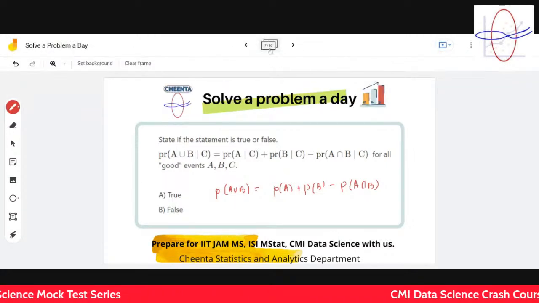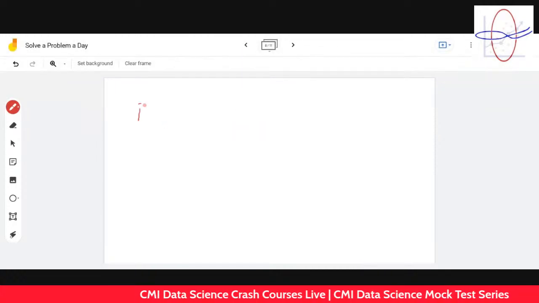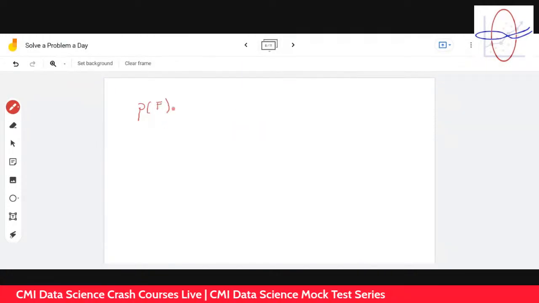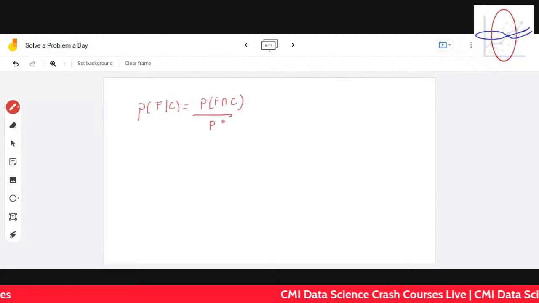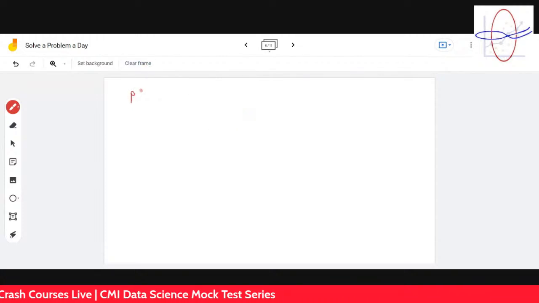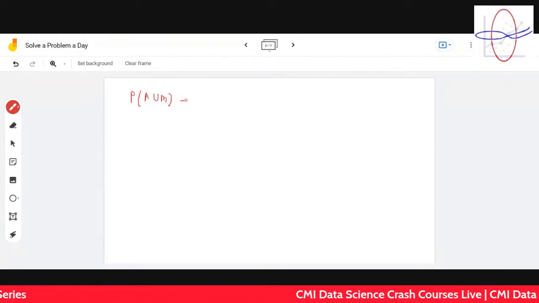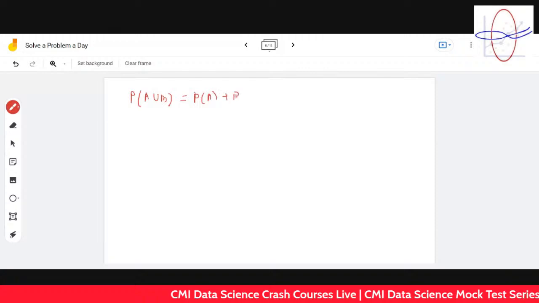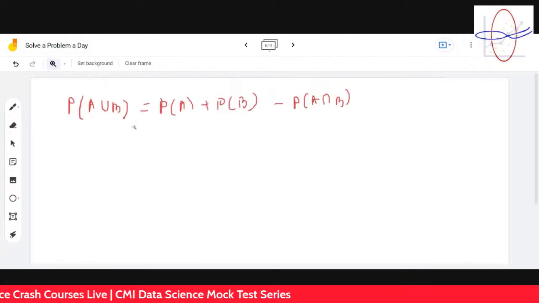First of all, the conditional probability of any event F given C is nothing but probability of F intersection C divided by probability of C. And we know that probability of A union B is equal to probability of A plus probability of B minus probability of A intersection B. We all know this is true.